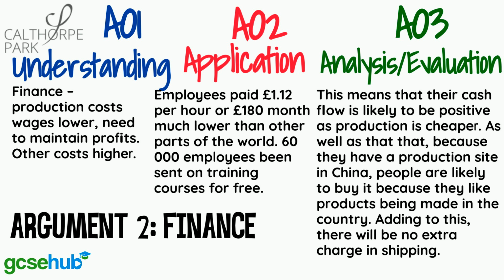And then to analyse and evaluate the information you've got, this means their cash flow is likely to be positive as production is cheaper. And as well as that, for a production site in China, people are likely to buy the products from there, and there's no extra charge in shipping.